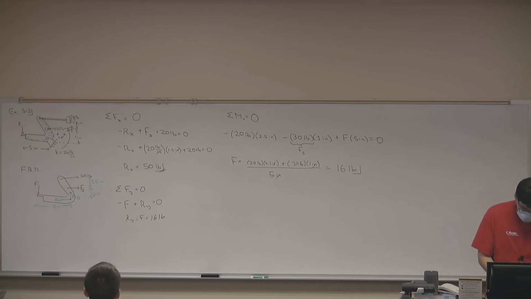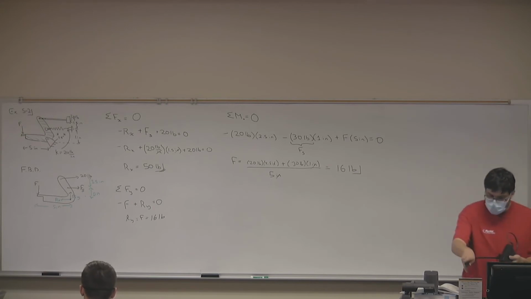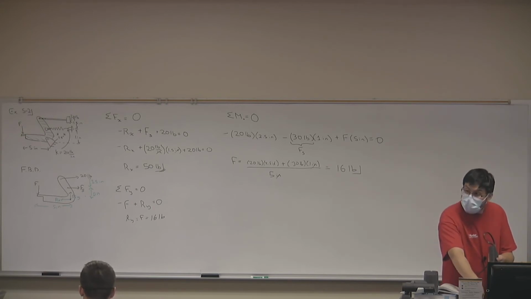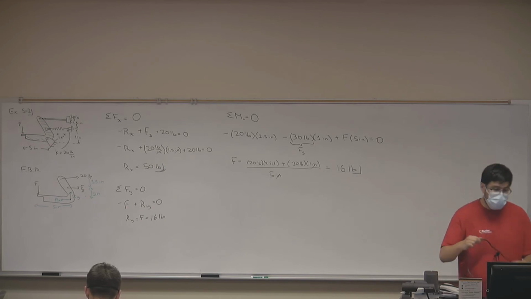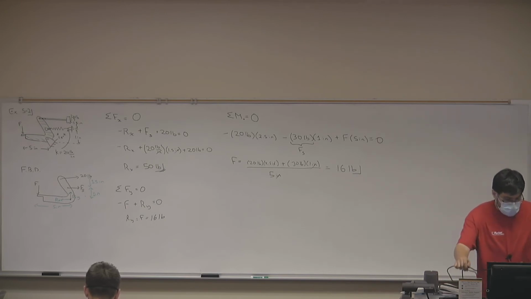It doesn't matter if it's specifically on an axis or not. What matters is how far it is from your point, and in which direction it will cause a rotation about that point. Because it only matters perpendicular to the location. All we care about is the perpendicular distance to the line of action of the force. Remember, that was the key thing about moments, right? We only care about perpendicular distance to the line of action of the force. Good.